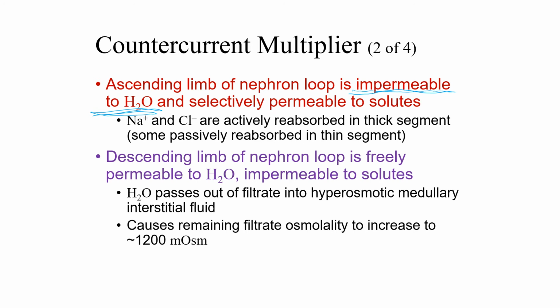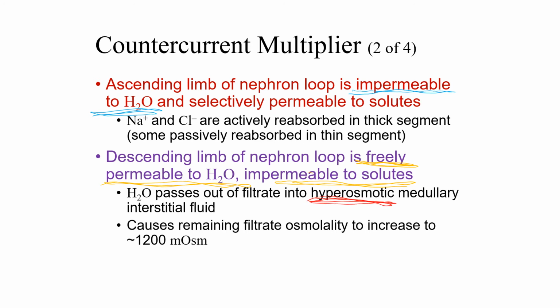A difference in permeability: with the descending limb, we see that it is freely permeable to water, but it is impermeable to solutes. So water can pass out of the filtrate into the hyperosmotic medullary tissue. Note the term hyperosmotic.